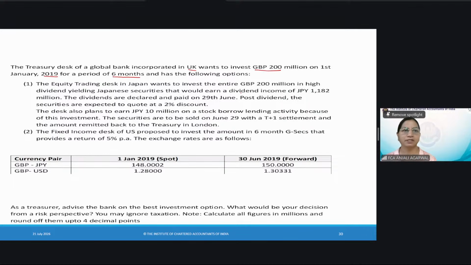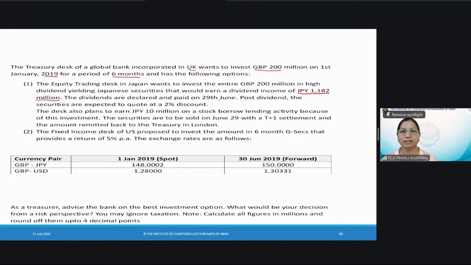The first option is that the equity trading desk in Japan wants to invest the entire amount of 200 million pounds in high dividend yielding Japanese securities, which would earn a dividend income of Japanese yen 1182 million. So you can invest 200 million in Japan, you will get 1182 million Japanese yen as dividend.